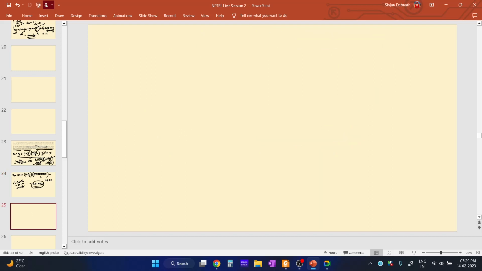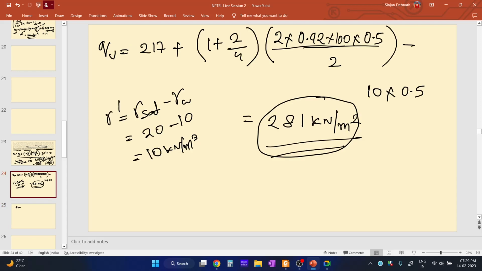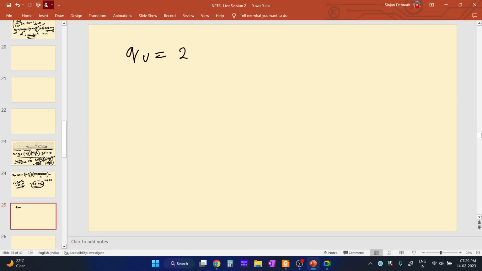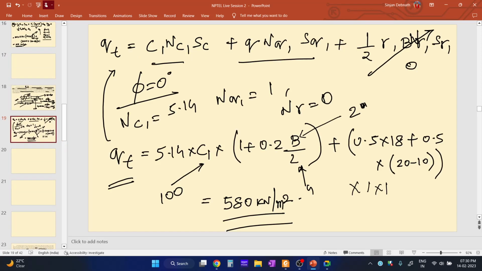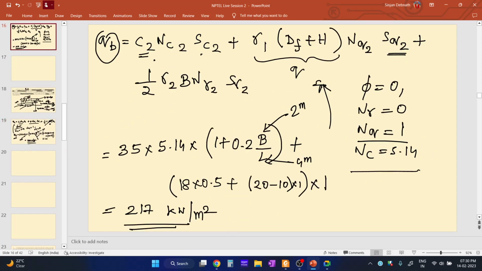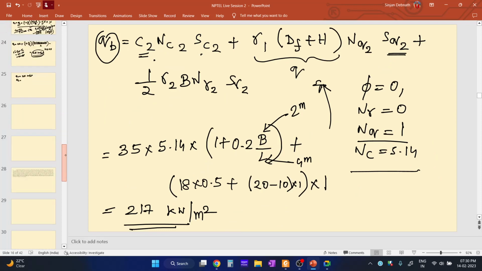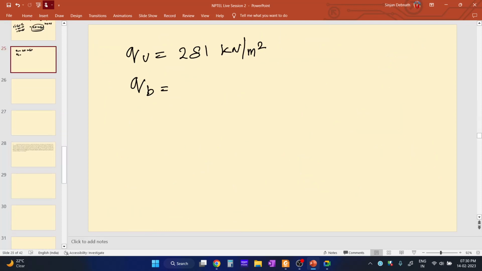So let me write it down. qu, the bearing capacity of the two layered system, what is it? It is 281 kilonewton per meter square. So what is qb? That is the bearing capacity of the bottom layer. It is 217 kilonewton per meter square.